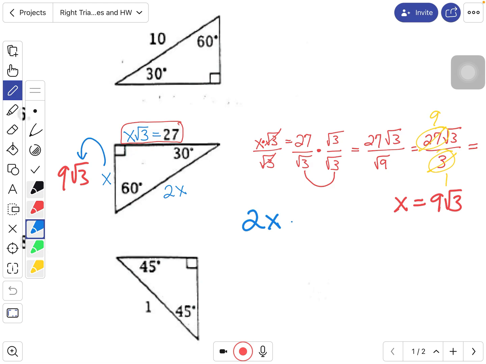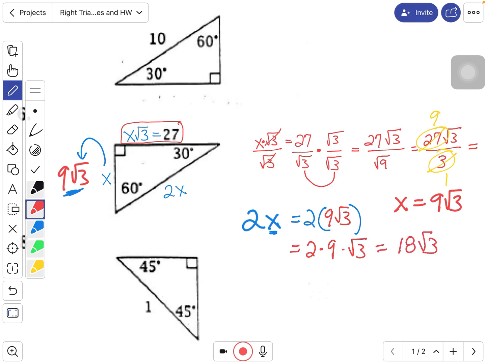So instead of writing 2 times x, I now know what x is. X is equal to 9 root 3. So I'll put in 9 root 3 where that x would go. This is the same as just doing 2 times 9 times the square root of 3, which is 18 square roots of 3. So this expression is now 18 square roots of 3.